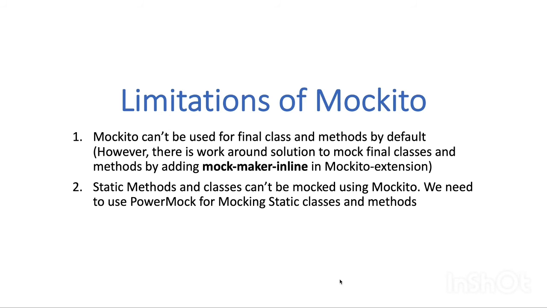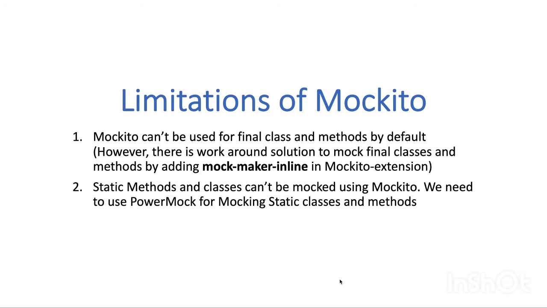Now, Mockito. Mockito is used for mocking any object, but the major problem is that it cannot be used for mocking final classes and methods by default. However, there is a workaround to mock final classes and methods by adding the mock-maker-inline in the Mockito extension.